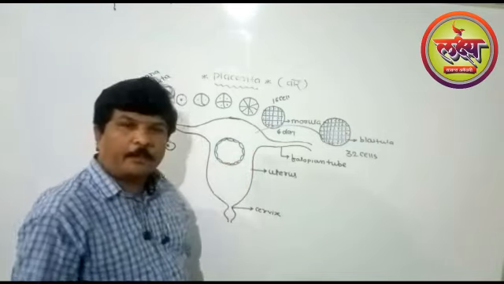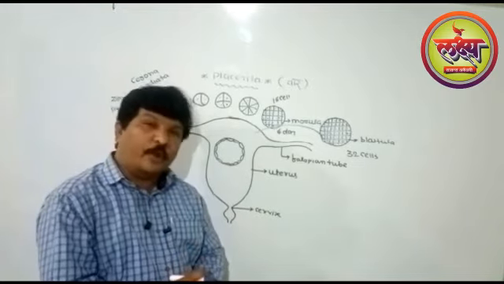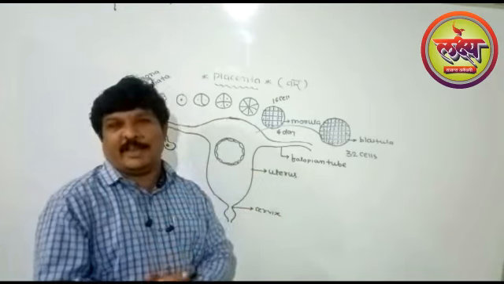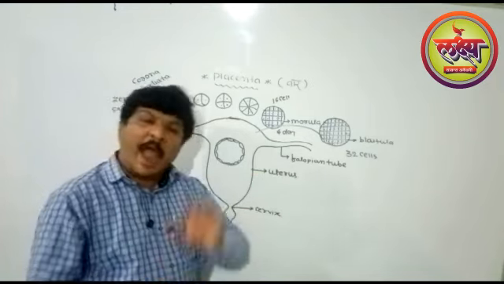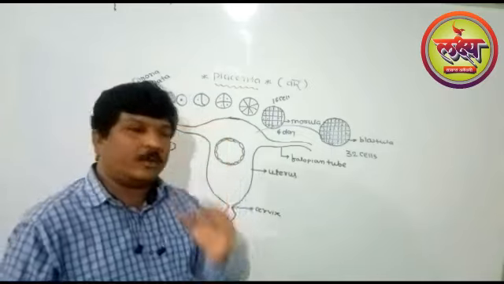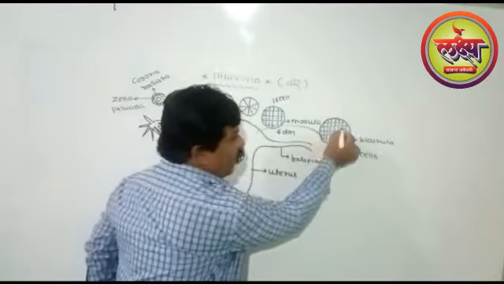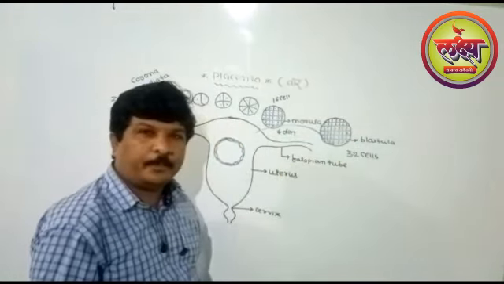This blastula absorbs more and more uterine fluid, due to which it increases in size, it gets enlarged, and due to the enlargement of this blastula, all the innermost cells move towards one side.